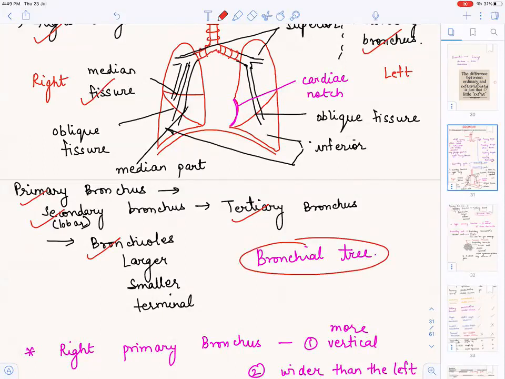Here I'd like to tell you one more thing, that as we are going down in the bronchial tree, what happens? Like in the trachea, there were cartilaginous rings. Let me take a new page and then tell.